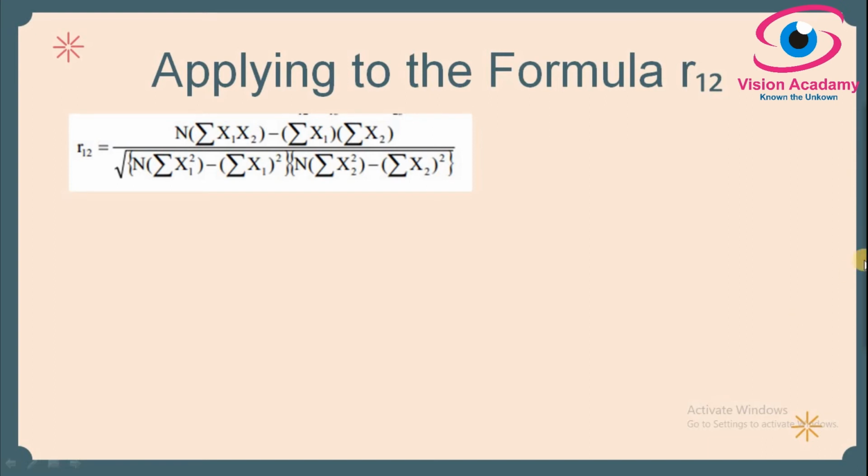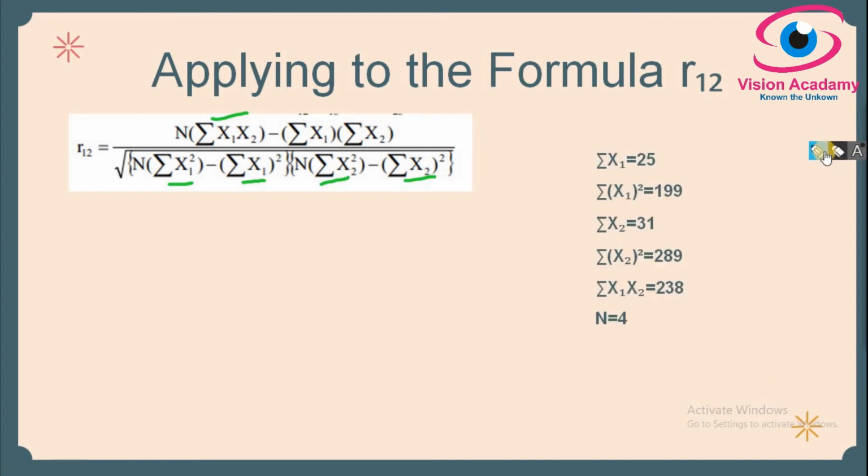Here essentially what we need is, since we have R12, summation x1, summation x1 square, summation x2, summation x2 square and summation x1 x2. So I will derive all the information from the formula. In the last step we have calculated all the information.